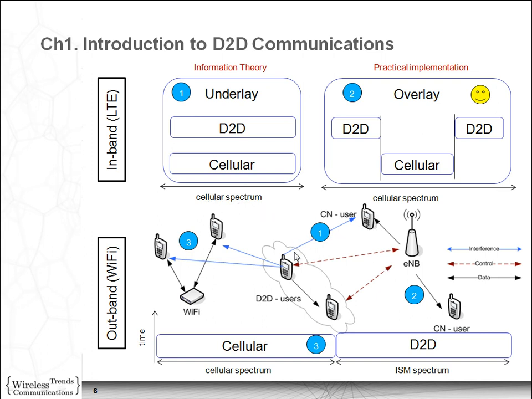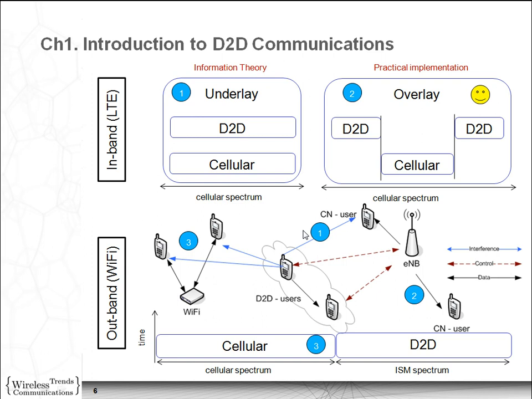In this case, we have interference coming from these two users to this cellular network user, but somehow the NOV or the base station can handle the interference, talk to these guys and control the power that they are using, or just increase the power for this user as well.